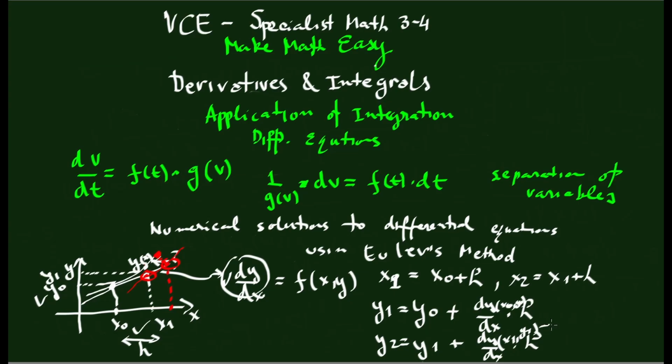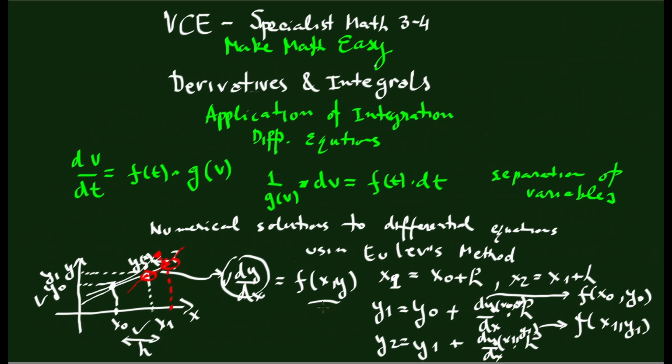So this one here can be written as f of x1, y1, or this one here, f of x0, y0. So use this differential, which is the slope of the tangent at that point.